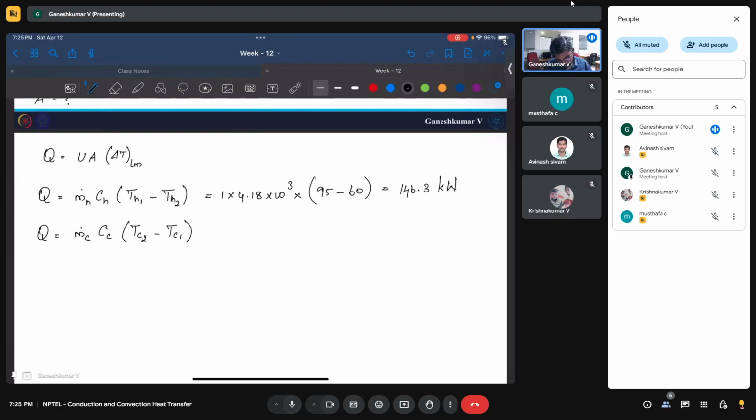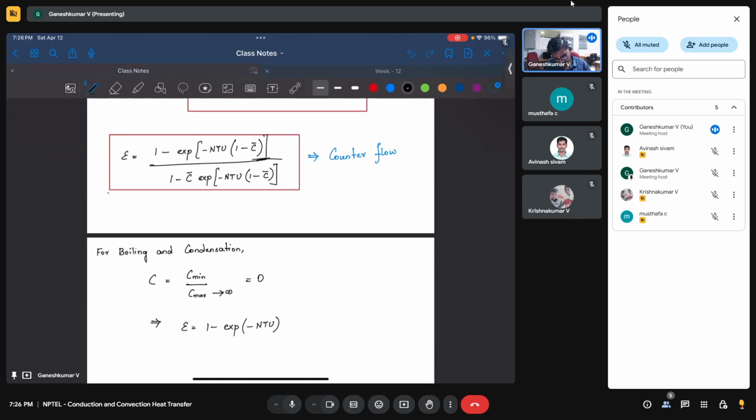Now we know the heat transfer. We also need to find delta TLM. So we know delta TLM to be delta T2 minus delta T1 divided by the logarithm of delta T2 by delta T1.